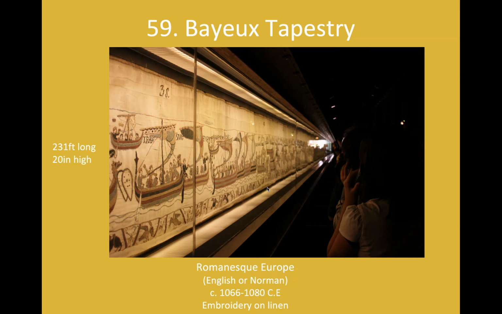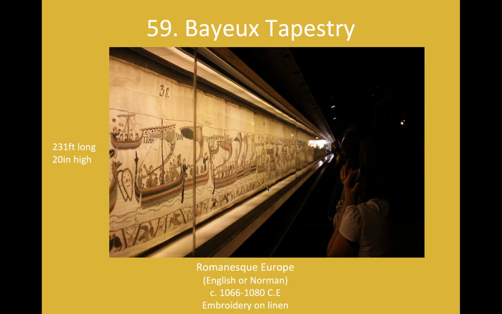And when Edward the Confessor dies and William the Conqueror finds out that Harold has taken over, William gathers his forces together, readies himself for battle, gets his boats together because he's in France, and sets sail. And he comes over to England and fights with Harold and beats Harold and becomes the king of England, and also sort of unifies for a little while like France and England together.